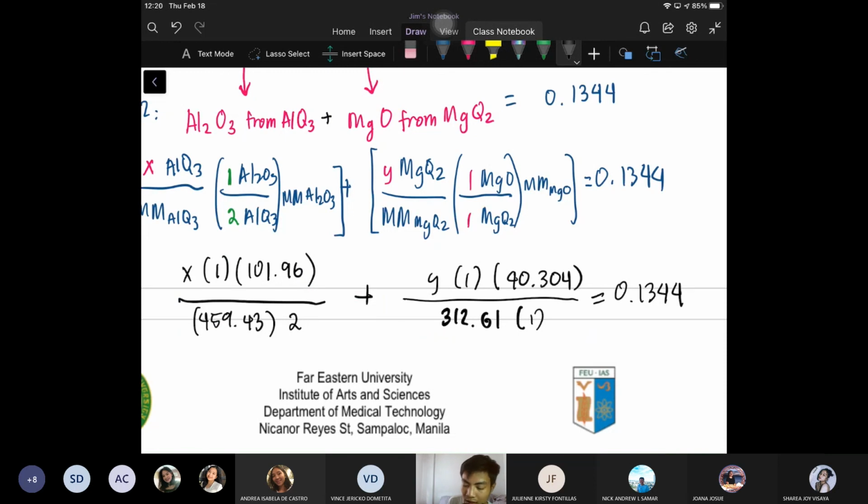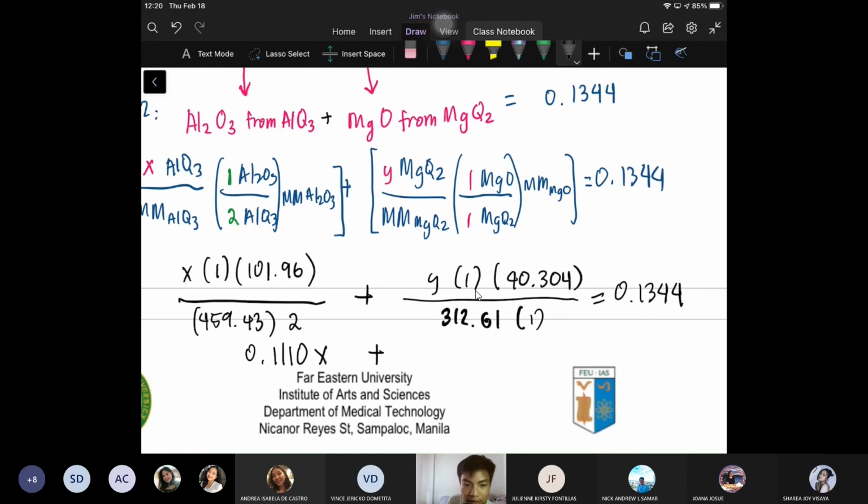Sa denominator, you have 459.43 times 2. Equal sign. So, that will be 0.096. No? So, kapag ni-round off ko to, 0.1110 yan x. So, ito na yan. So, i-multiply mo lahat ng numbers that will give you this term.